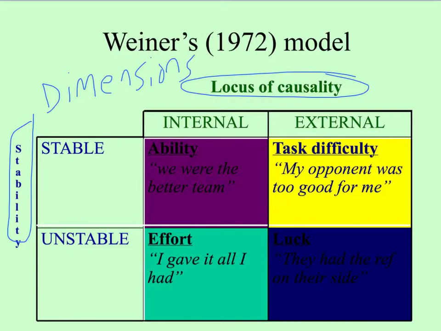They are the 2. The locus of causality, so it's what caused it or who caused it. So is it internal or external? So something internal would be to do with me, external to do with somebody else. And stability is whether the factor is stable or unstable, whether it changes or not.